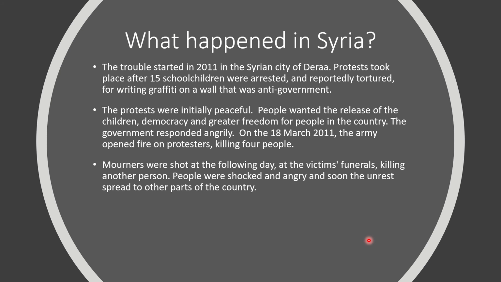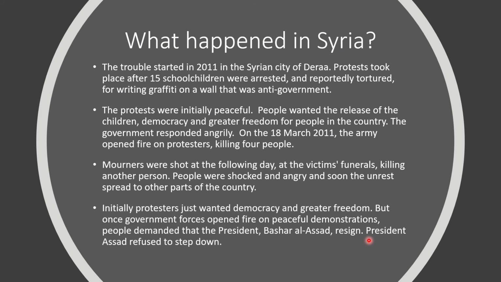This sparked a kind of cycle of tit-for-tat violence between different groups of people within Syria, especially within the settlement of Deraa, where this was taking place. And mourners at the funerals of the 4 people were shot at the funeral, and another person was killed. Now, this really did then shock and anger a lot of people, and this led to unrest, which spread to other parts of the country and started to trigger the civil war that took place.